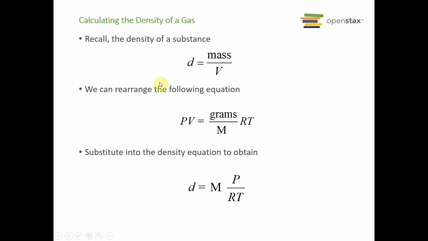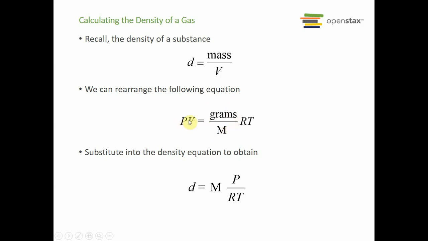So what's done here is that we're going to rearrange the ideal gas law in order to determine the density, to determine the molecular weight or density of a gas. So density is mass per volume. And so grams divided by the molecular weight, where the capital M here is molecular weight, is the number of moles.